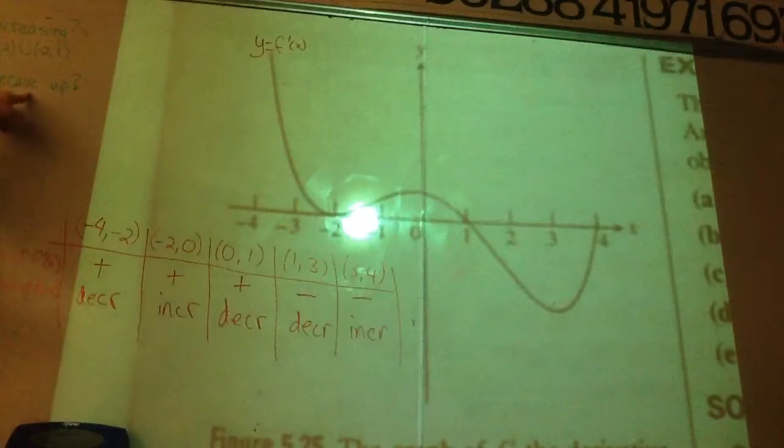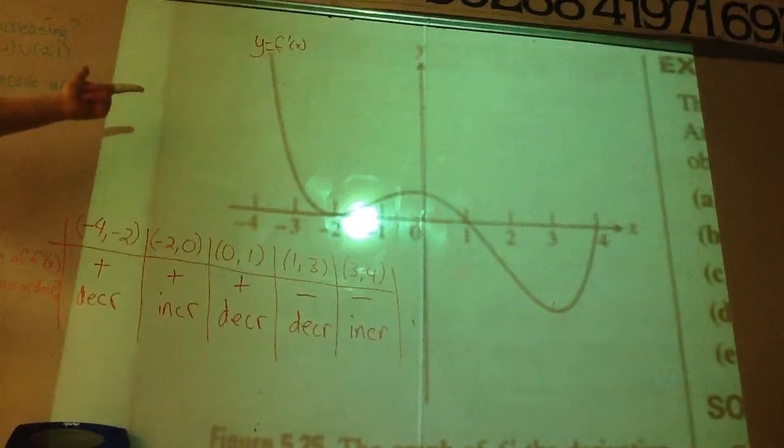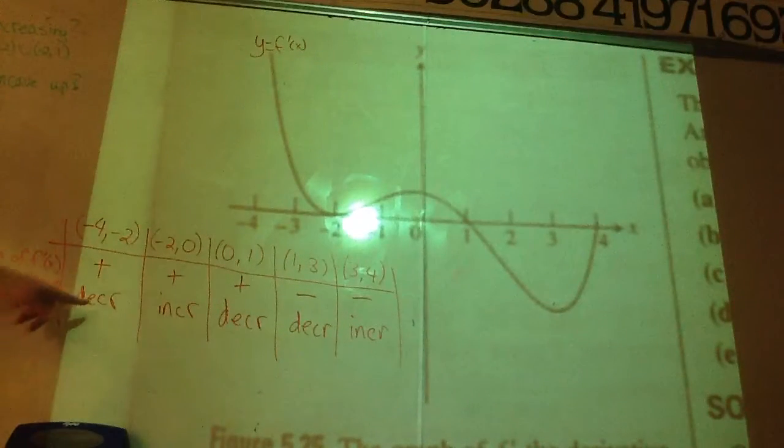Back to the concave up question. Doesn't concave up happen when your slope is getting bigger? Isn't this a graph of the slopes? So it's concave up just where this thing is increasing. So Tanya was right: -2 to 0, and 3 to 4.